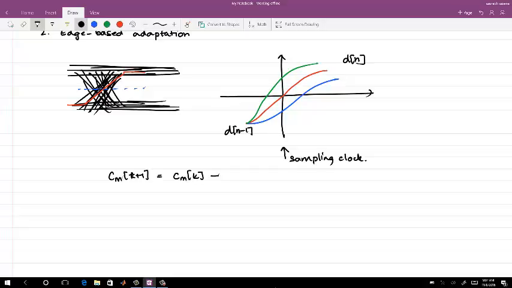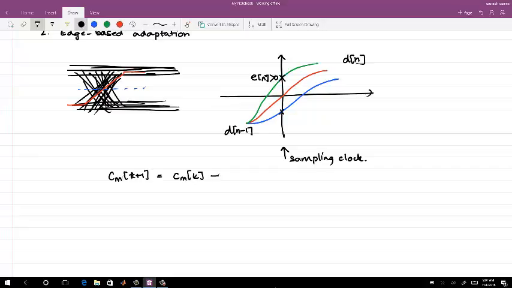Now here the information which we are using is the edge information. So what information exactly should be used to change this coefficient? If you sample at this point, your error E of n, with respect to 0, is greater than 0.